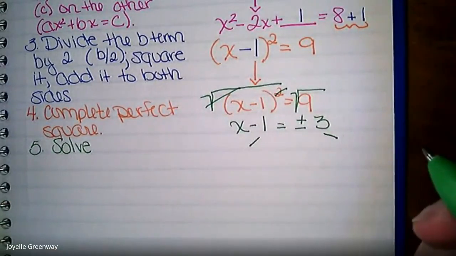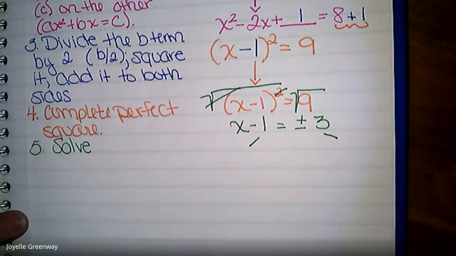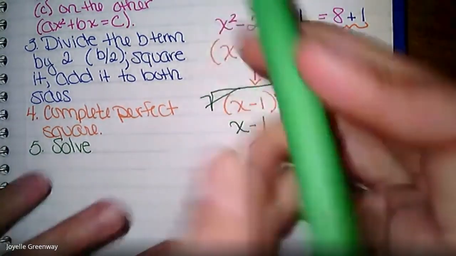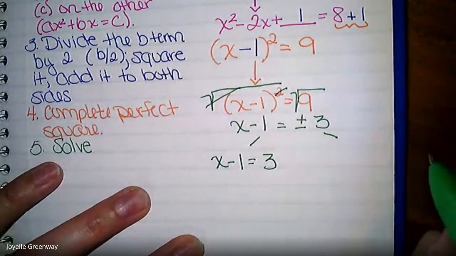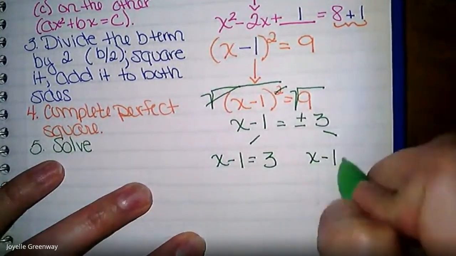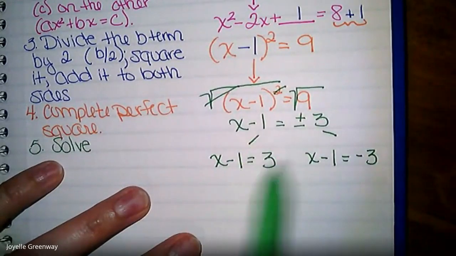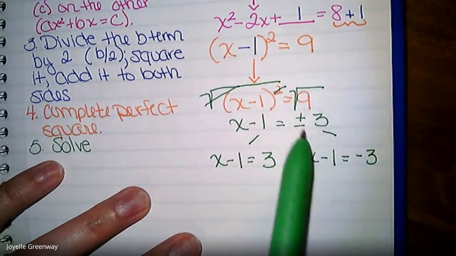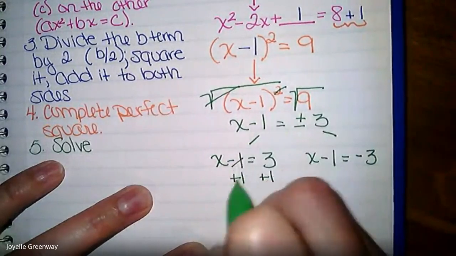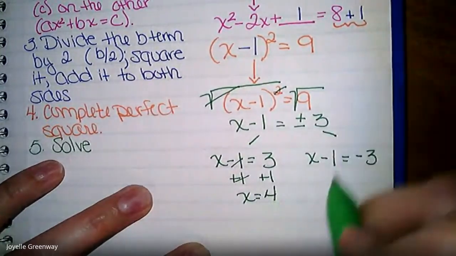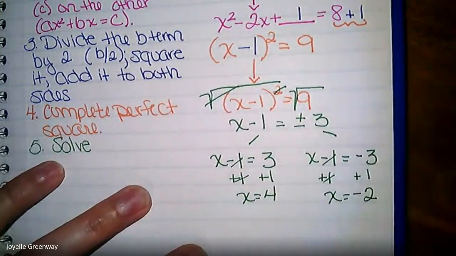And sometimes you will get 1 answer, but not in any of these cases, okay? So now I can do x minus 1 equals positive 3, and then x minus 1 equals negative 3. So that's to take into account the 2 roots of 9, which were positive 3 and negative 3. Okay, so then I just add 1, and I get x is equal to 4. And then add 1, and I get x is equal to negative 2.